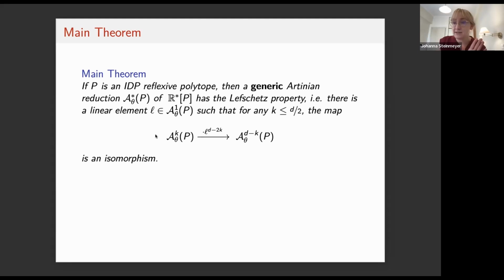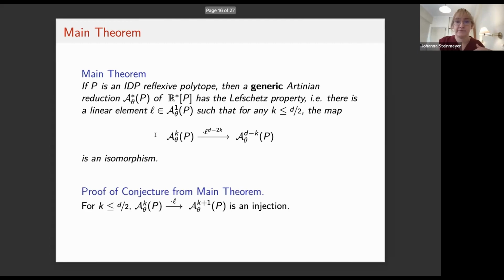So say we have this, how do we get the conjecture? Okay, we have an isomorphism from the kth piece to the d minus kth piece, right, by multiplication. So that just means we go from the kth piece to the k+1, k+2, and so on and so forth, piece by multiplication. We keep going up higher.